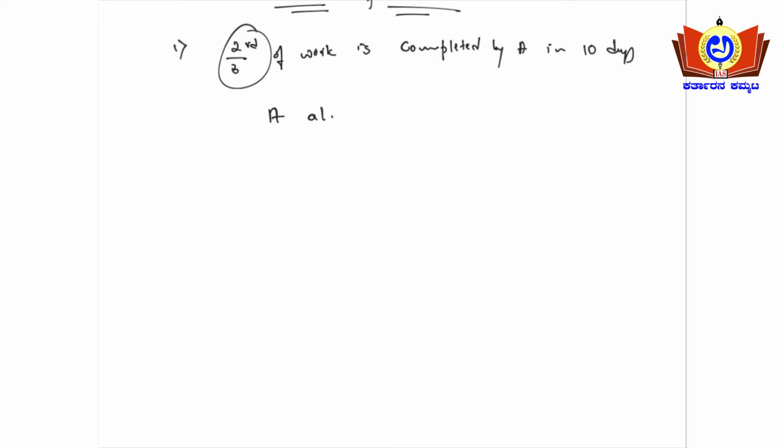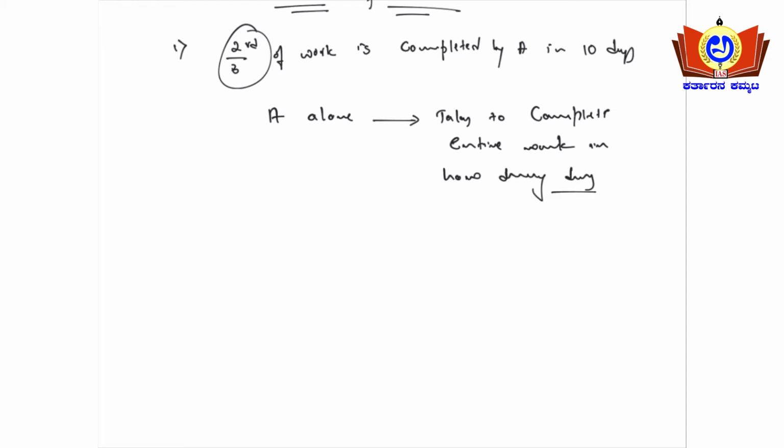A alone takes how many days to complete the entire work? This is the question here. So 2/3 of work is completed in 10 days. To complete the full work, that is one amount of work, what are the days here?